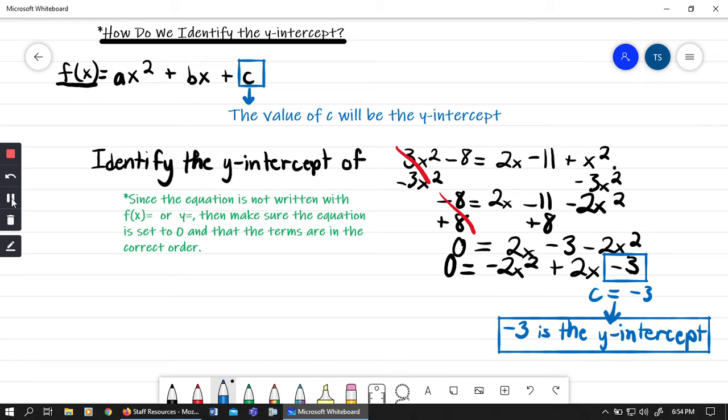Next, we're going to look at what an axis of symmetry is, and how we identify that axis of symmetry when we've got a quadratic equation or function written in standard form.